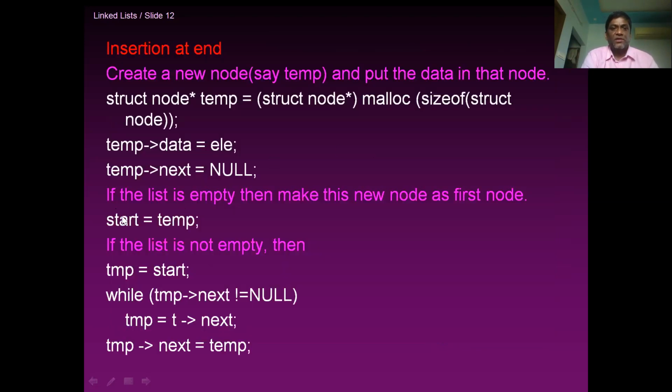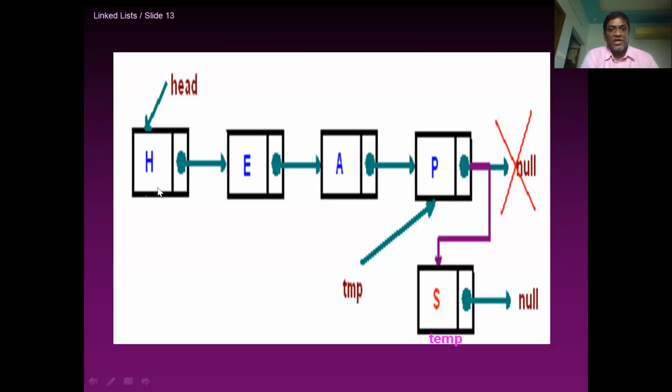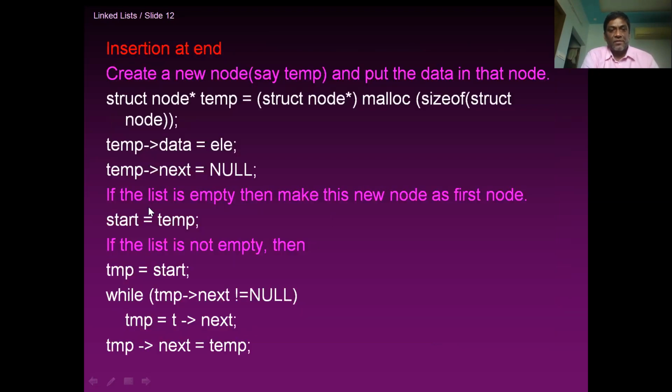If the list is empty, we do this. If the list is not empty, then we consider a temporary variable, TMP, which points at start. So we begin at start. TMP will be pointed here at the beginning. Then we use a loop to iterate through the singly linked list.